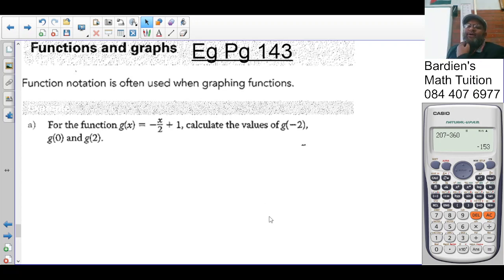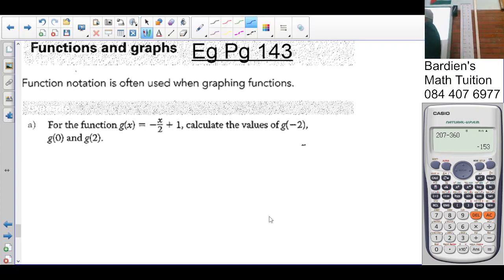So the example on page 143, we are told for the function g of x equals negative x over 2 plus 1. Calculate the value of g of minus 2, g of 0 and g of 2. So what do I do there? You substitute negative 2 where you see x.